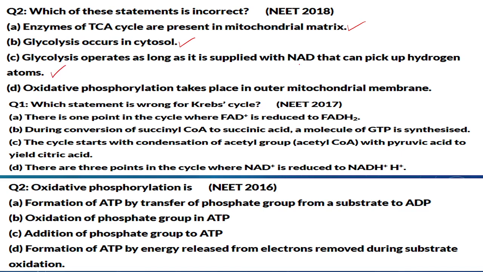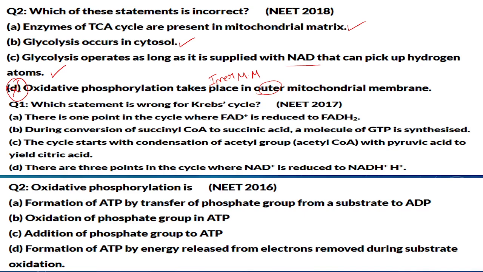As long as NAD is present, the glycolysis process continues. Oxidative phosphorylation takes place in the outer mitochondrial membrane? No. Oxidative phosphorylation takes place in the inner mitochondrial membrane, not the outer mitochondrial membrane. So option D is incorrect.